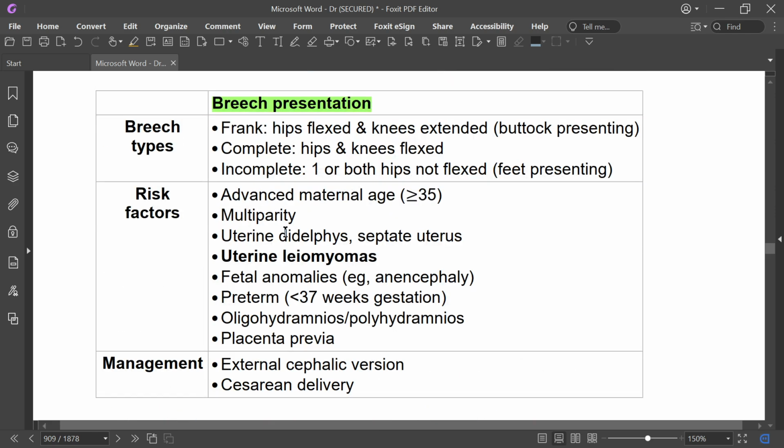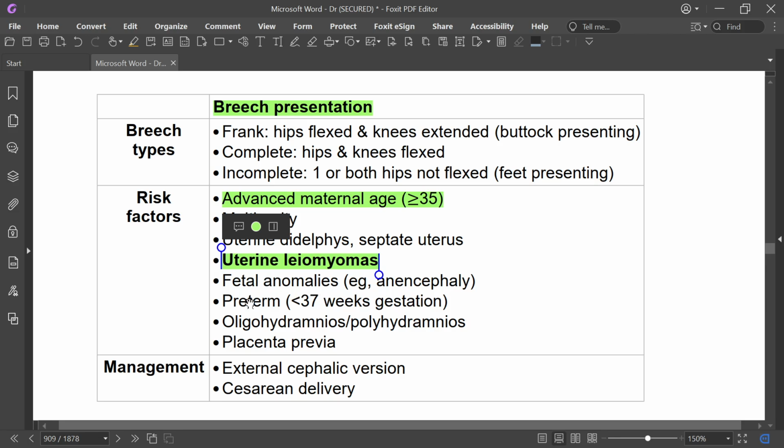What are the risk factors of breech? It may happen in advanced maternal age, more than 35. It may be due to multiparity, uterine didelphys, septate uterus, uterine leiomyoma, and some fetal anomalies like anencephaly.